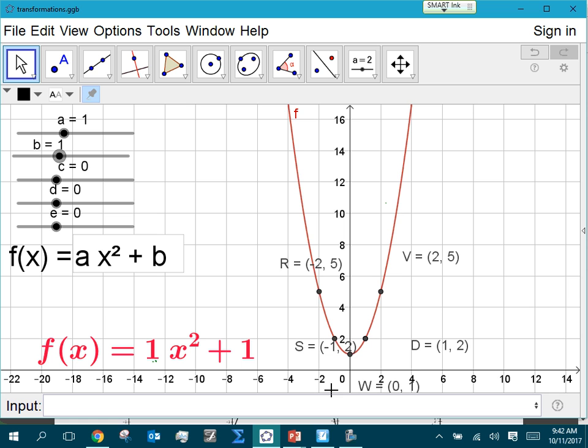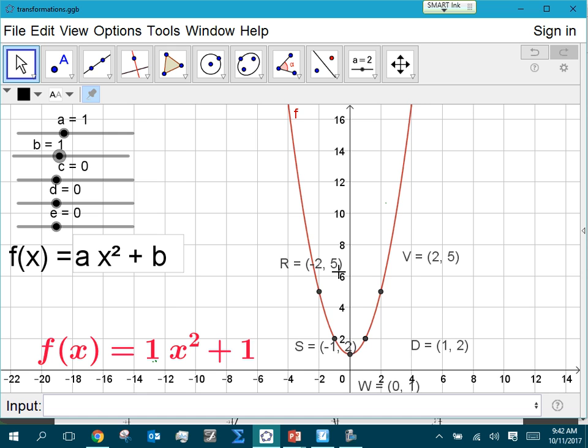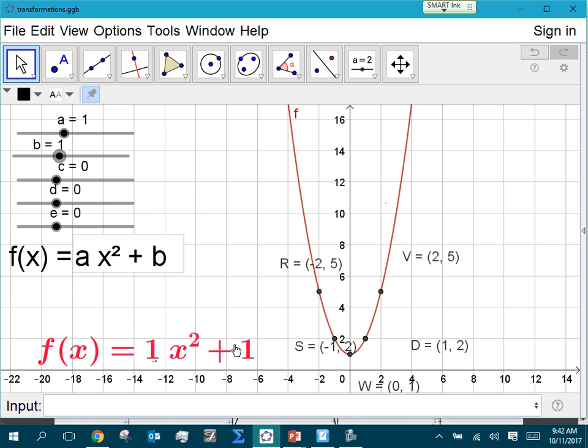Still got the same x values, right? But what happened to all those y values? They go from 4 to 5. They went from 1 to 2 and 0 to 1, right? So all I did, when I add a 1 on the end of the whole function, is add 1 to the y's.